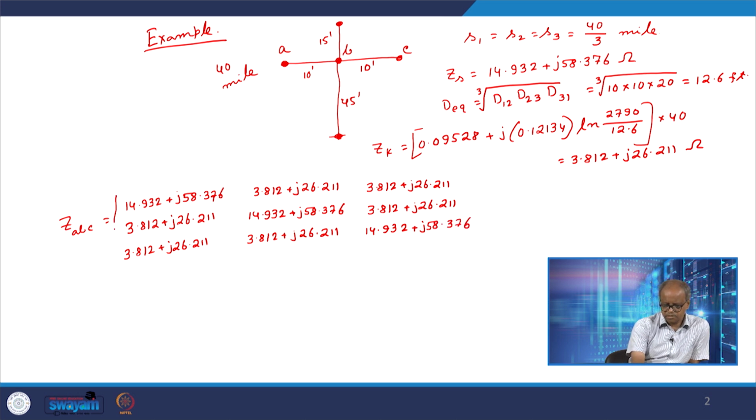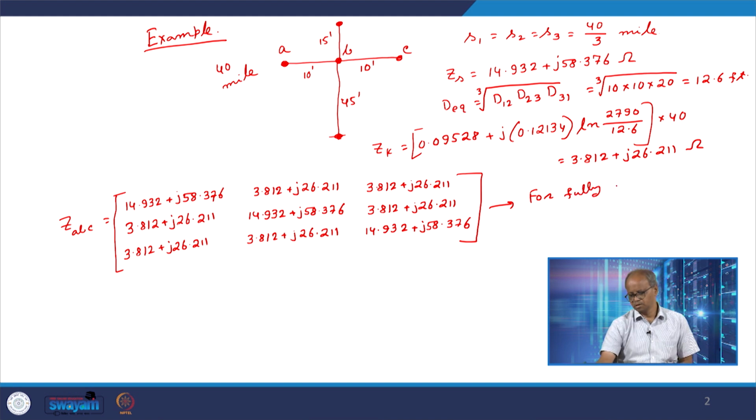So this is my ZABC matrix for a fully transposed line.